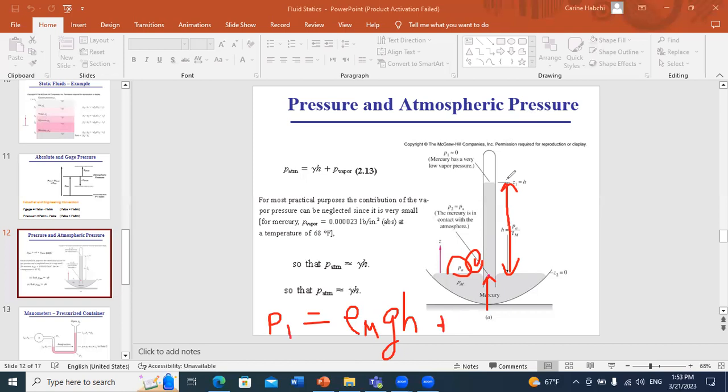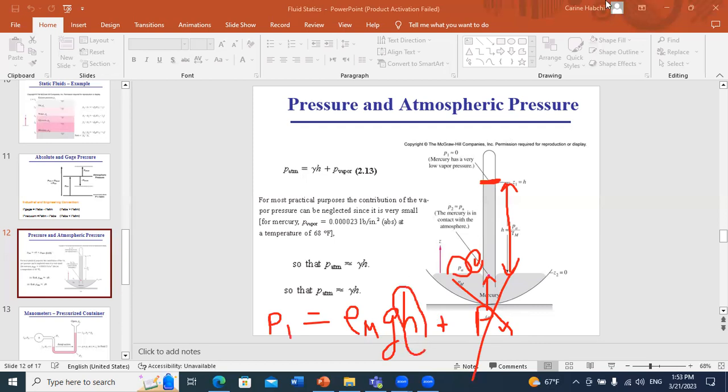Plus the pressure at this level. And we have seen that the pressure at this level is equal to P vapor of mercury. But because P vapor of mercury is really small, close to zero, I can neglect this term. So I can read the pressure in the room by just knowing H.